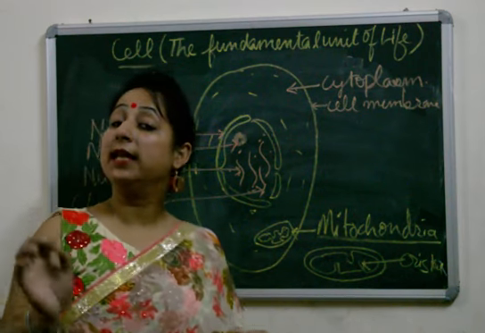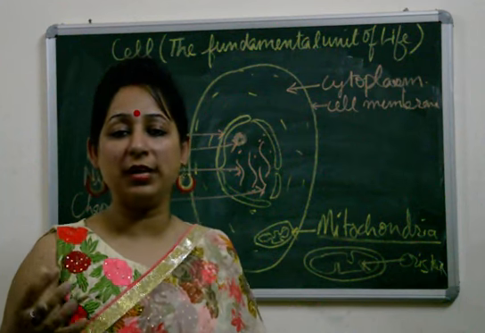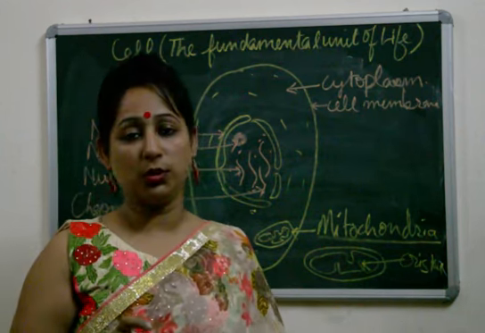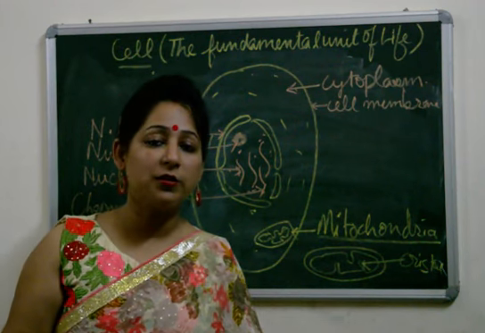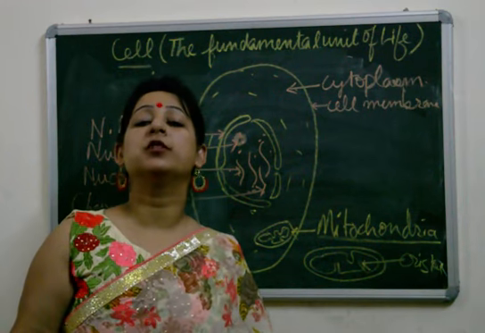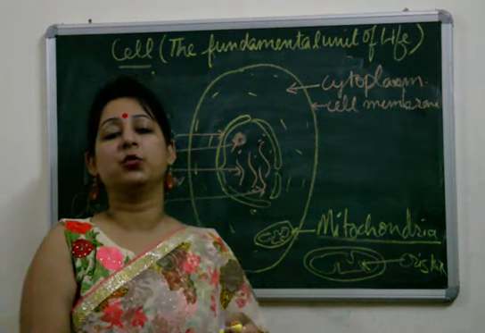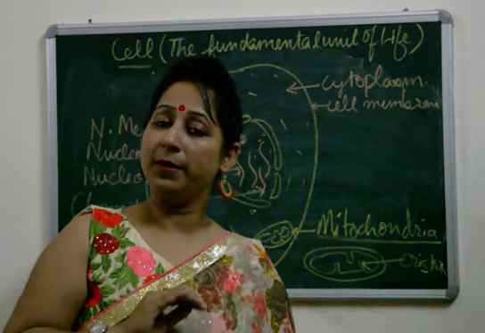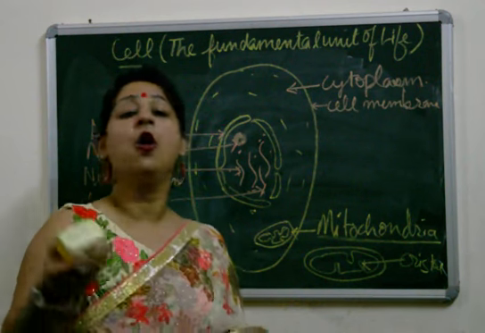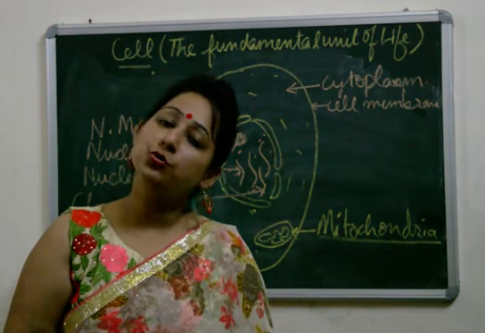These cristae increase the surface area of mitochondria to perform the process of cellular respiration, because these cristae have oxysomes present on them which perform the process of cellular respiration. If more amount of cristae are there, more oxysomes will be present. If more oxysomes are present, more cellular respiration will be there. So the internal membrane of mitochondria is folded in order to increase the surface area for more chemical reactions or for more cellular respiration to take place.